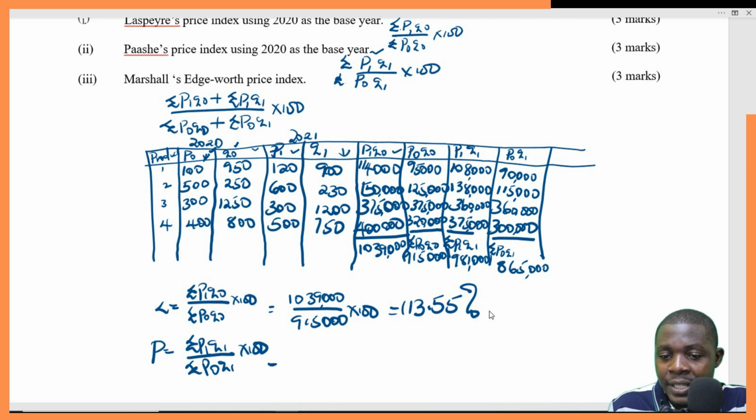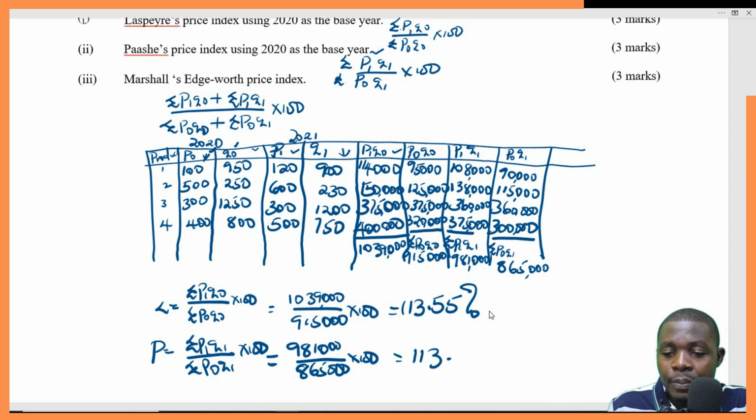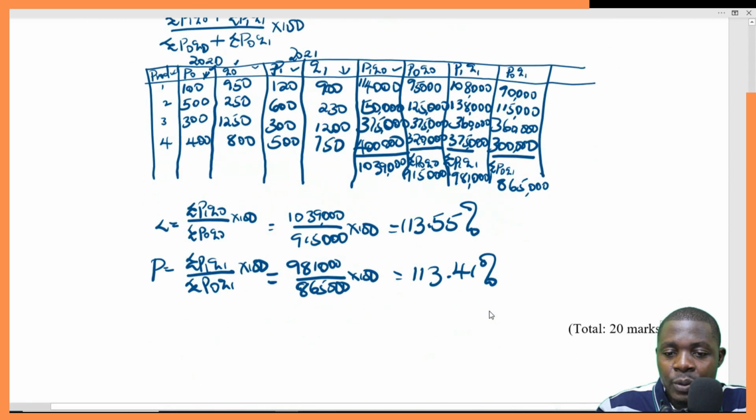Also, we have the figures for this, whereby P1 Q1 we said 981, over the summations of P0 Q1, we say that 865. Then we multiply by 100. According to my calculator here, I'm getting 113.41%, if you are presenting in two decimal places.